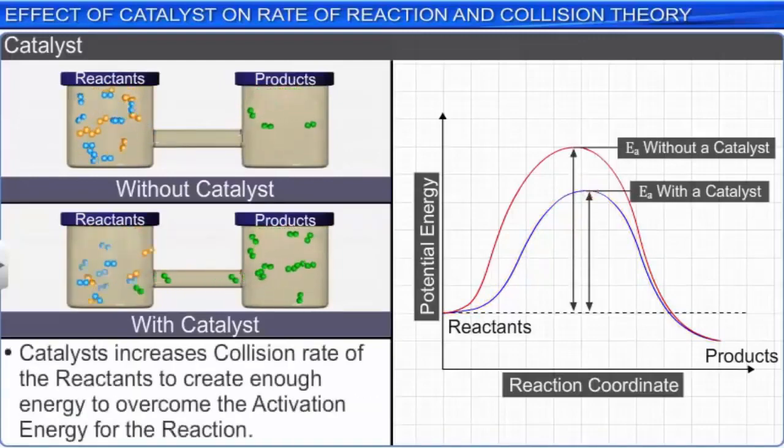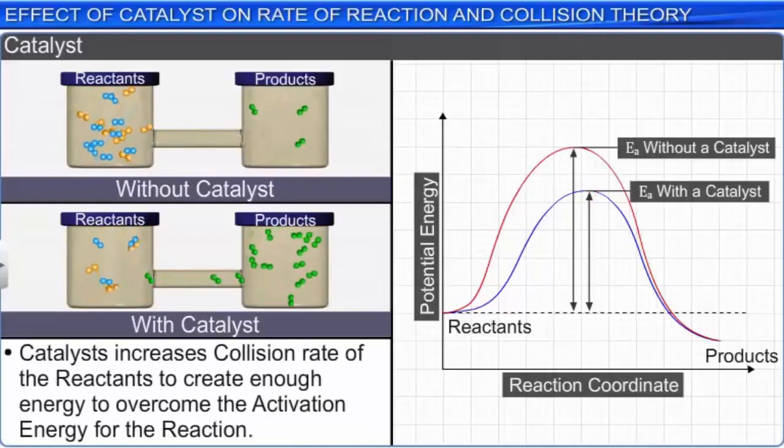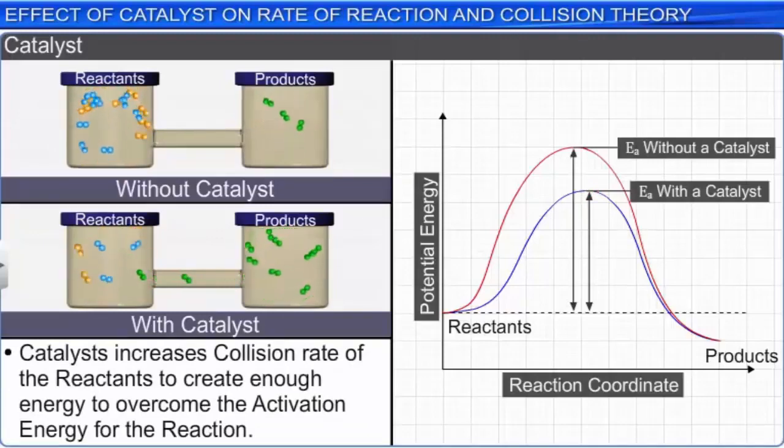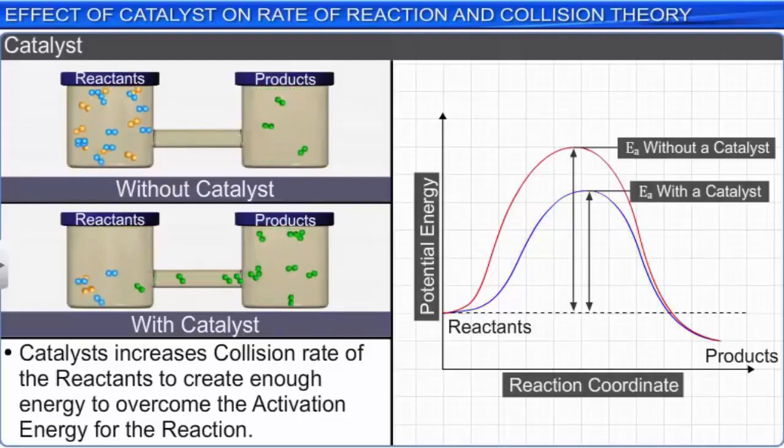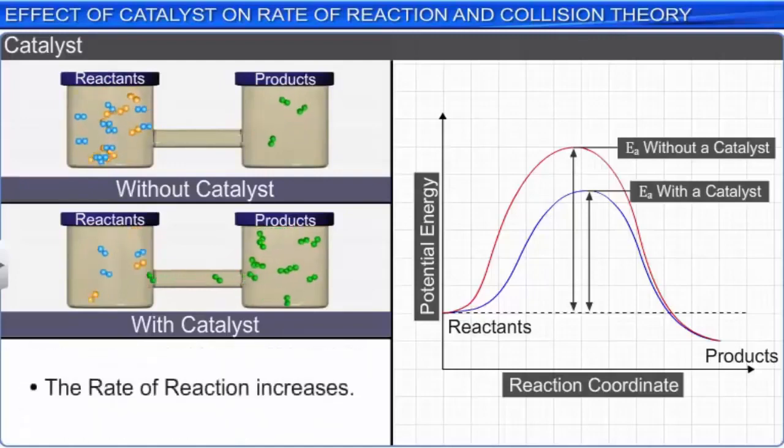A larger proportion of the collisions that occur between the reactants now have enough energy to overcome the activation energy for the reaction. Thus, a large number of collisions become effective. As a result, the rate of the reaction increases.